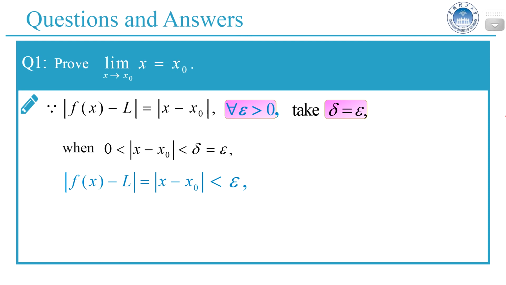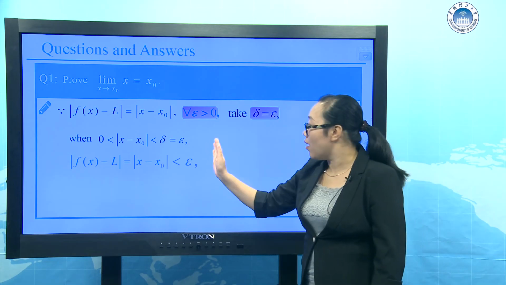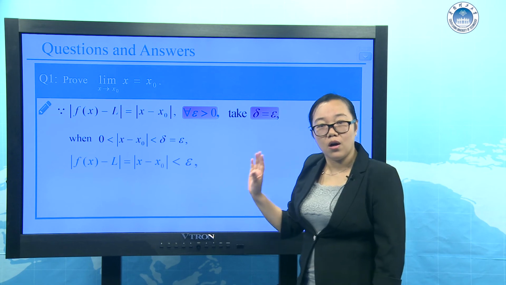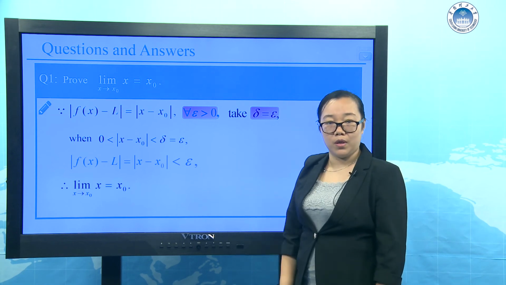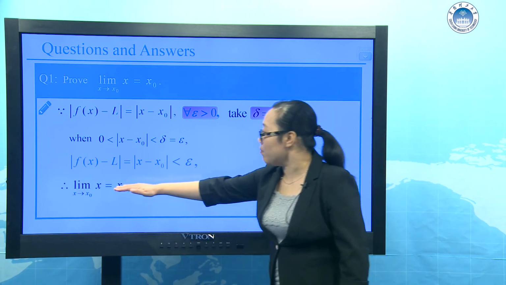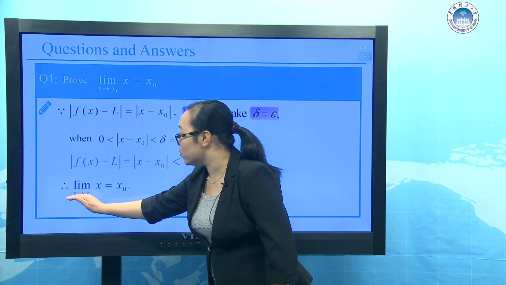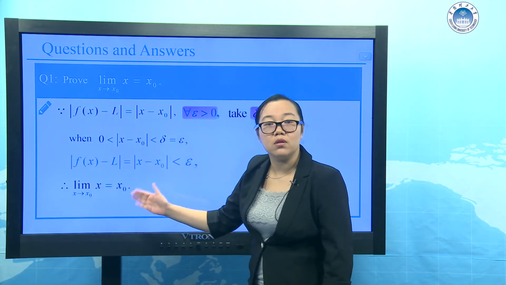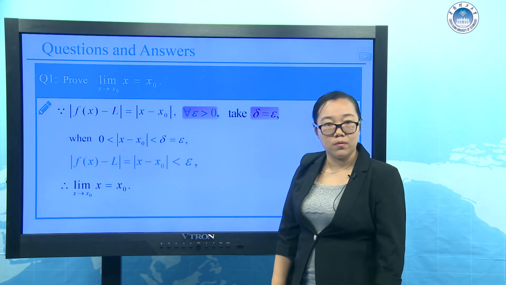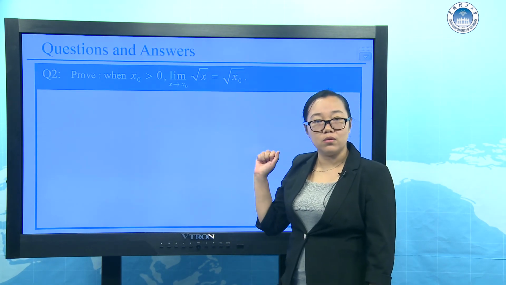In this question, delta equals epsilon, so it is less than epsilon. According to the definition of limit, we have the limit as x tends to a fixed point equals the fixed point x0. Now look at question 2.